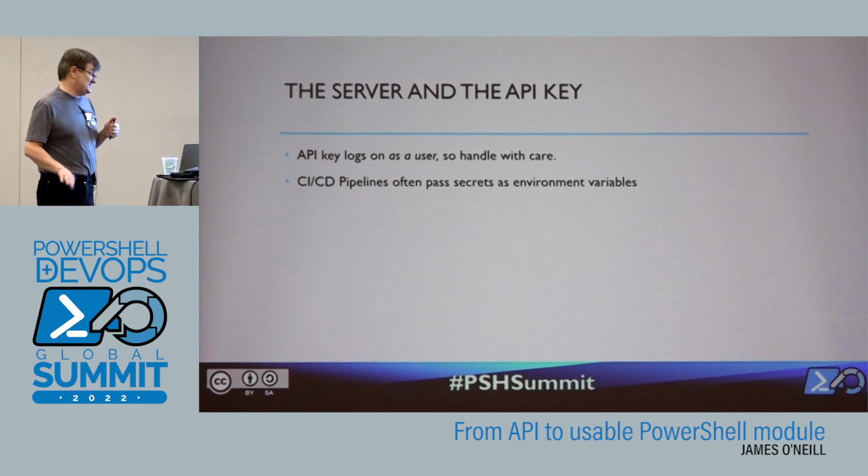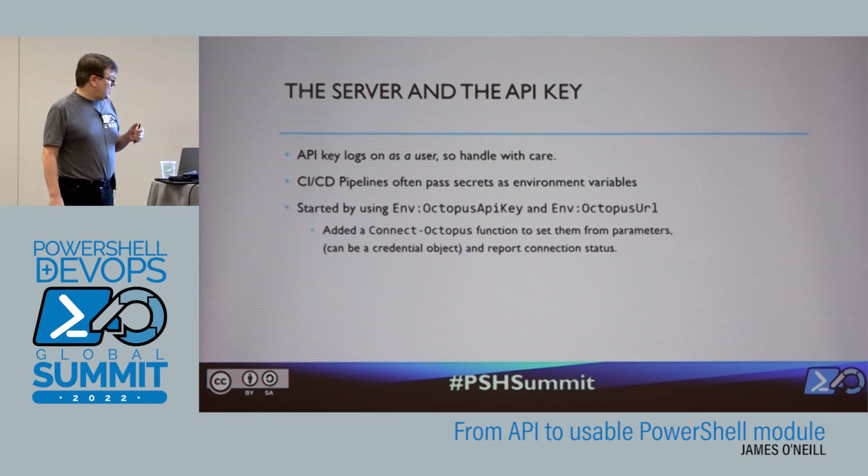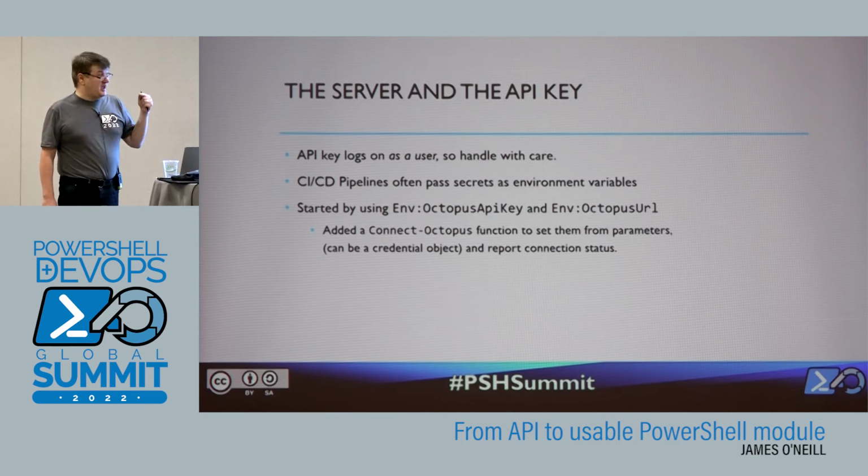I'm not convinced it's the best of habits, but at the moment I'm doing stuff with environment, and some of the early samples I picked up were setting the environment key and the URL as environment variables, so that's what I did. And then I added this function, Connect-Octopus, that would pick those up as parameters or from a credential object.